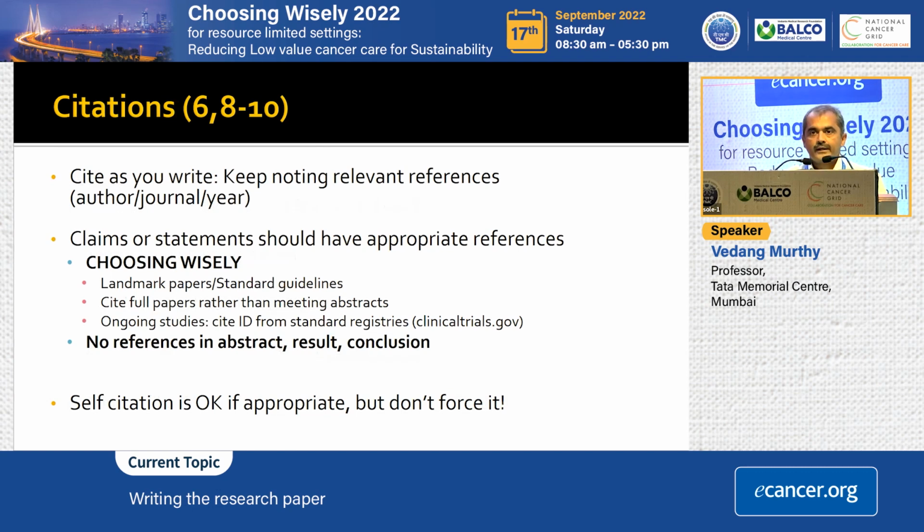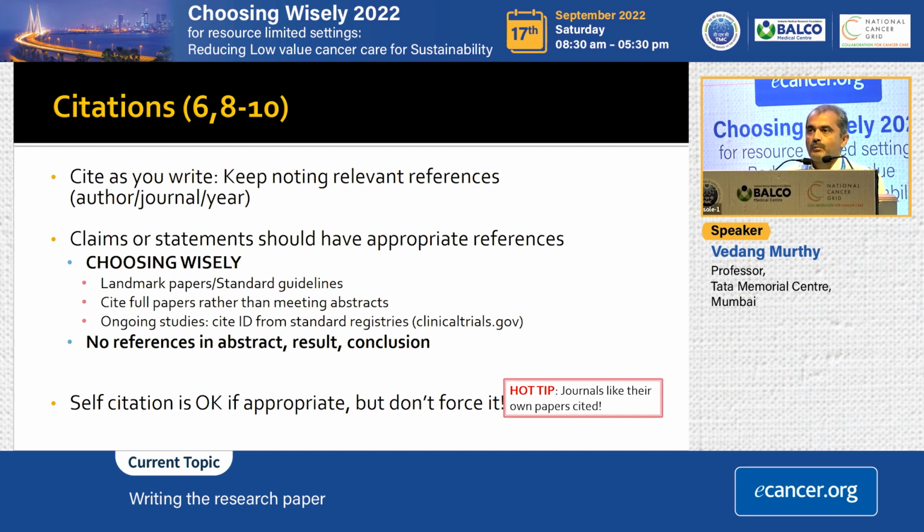Choose standard guidelines, standard landmark papers, etc. And there are generally no references in the abstract, results, or conclusion. It's only mainly in the methods and discussion section. Self-citation is okay, but don't push it. I believe journals like their own articles cited, but don't push it.